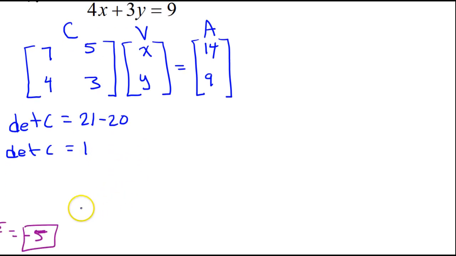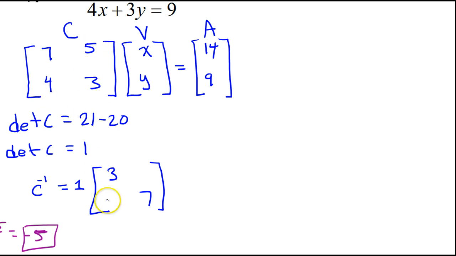Alright, so now it's time to write the inverse of matrix C. The inverse of matrix C is always going to be the reciprocal of the determinant, which in this case the reciprocal of 1 is still 1, but then I multiply that by the reverse negate matrix. When I say reverse negate, I'm going to reverse the down diagonal and negate the up diagonal. Reversing the down diagonal looks like this: 3, 7. I simply reverse the order of these elements of the diagonal.